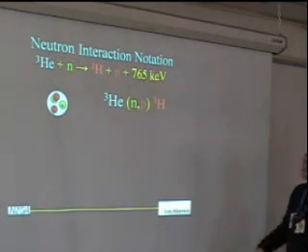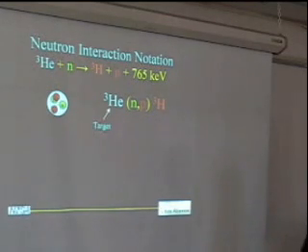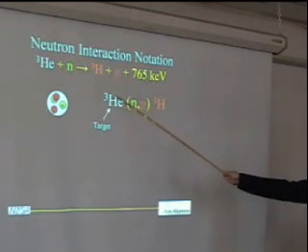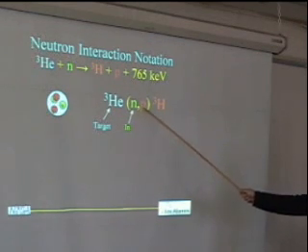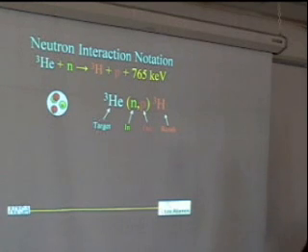A more compact way of writing this would be like so, where you have the target nucleus here, the incoming particle here, the outgoing particle, the proton, here, and the resultant nucleus, the triton, there.